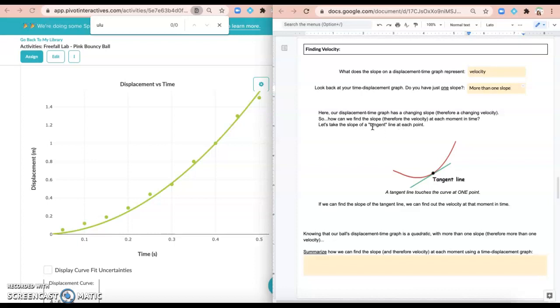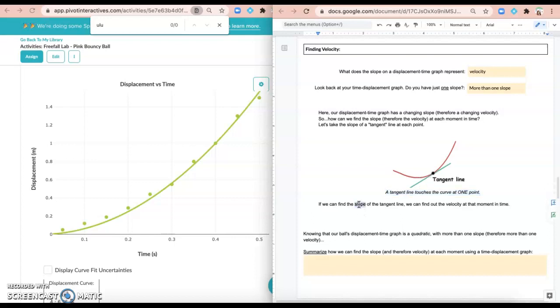Well, we're going to use something called the tangent line. And we are going to find the slope of that tangent line to help us out. So what is a tangent line? A tangent line is simply a line that is going to touch the curve at just one point. So you can see in this picture that the green line is our tangent line, and it's touching our curve, maybe this is our best fit parabola in red, at just one point.